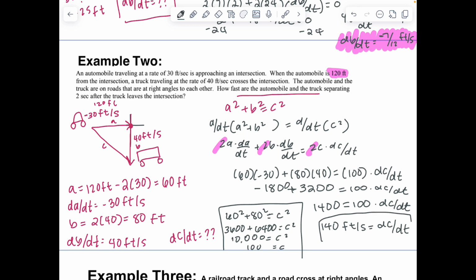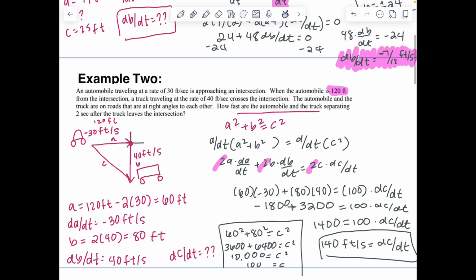So that means that the automobile and the truck are separating at a rate of 140 feet per second. And that makes sense for that to be positive, because this is just going to be getting bigger. The truck is moving quicker than the automobile is, so that makes sense. So, okay, let's do a couple more.